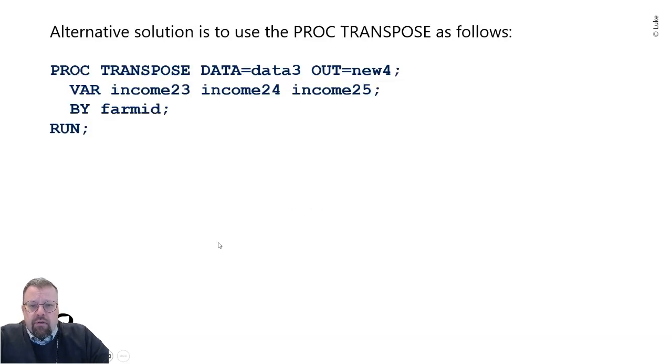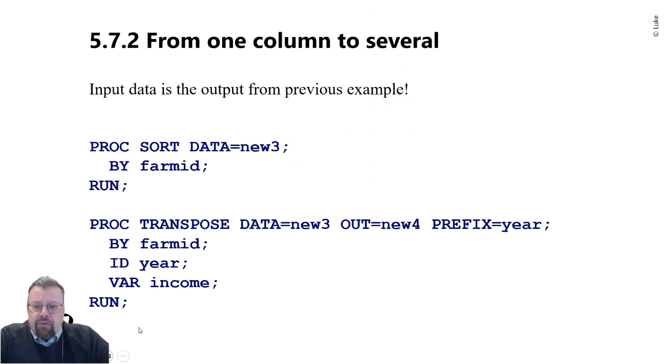And then, sorry, we are saying that the ID is year. So year is the variable that has 3 values, 23, 24, and 25. And for those 3 values, we want to have a separate column in the output data for each of those. So we get 3 columns, and the values will be picked from the variable income.